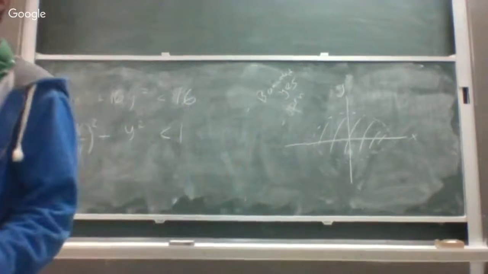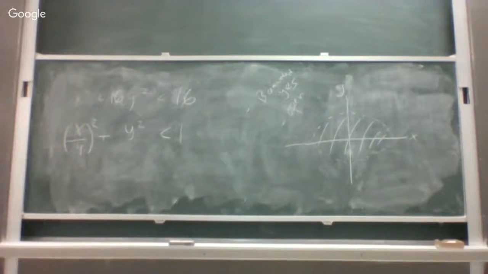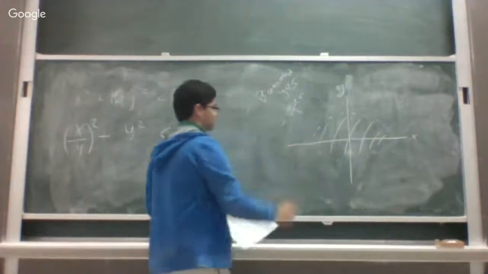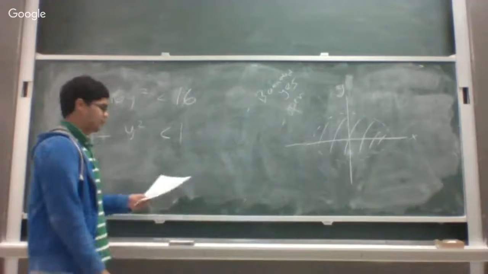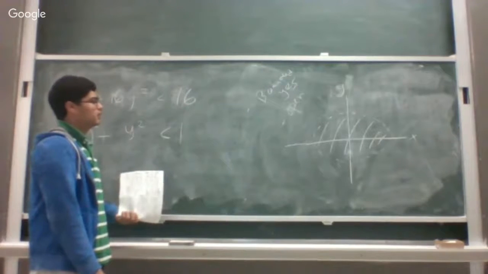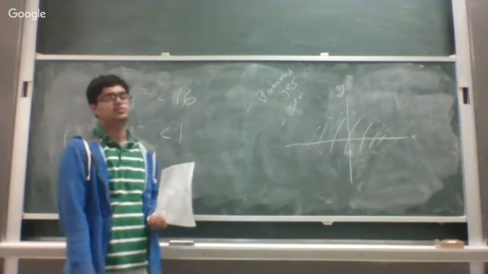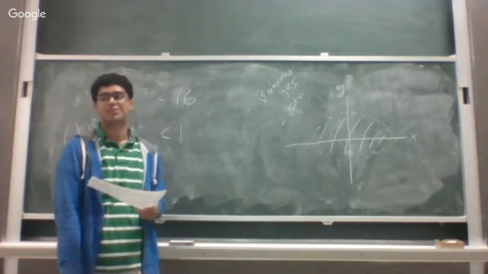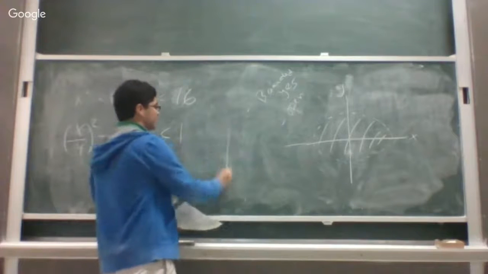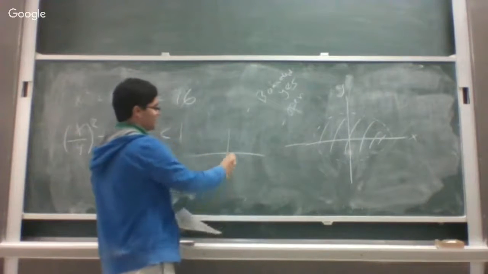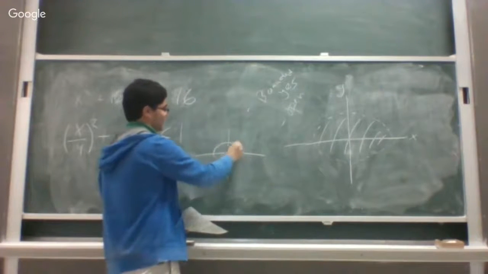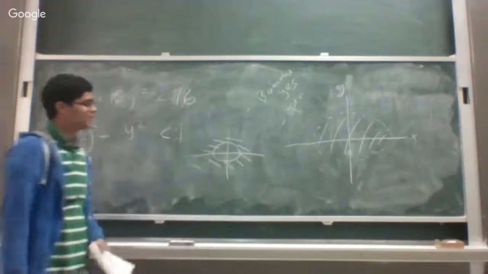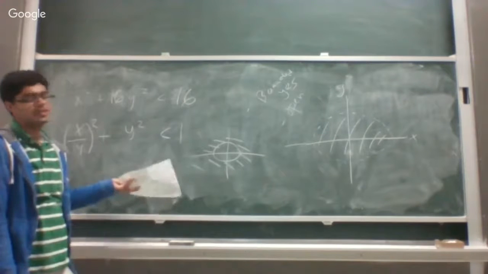If it was greater than 1, would you have to shade it? If it's greater than 1, you need to shade everything on the outside. But then, would it be bounded? No. It wouldn't be. The likelihood of this happening is almost impossible, but if the outside was shaded, I would say that it is not bounded.